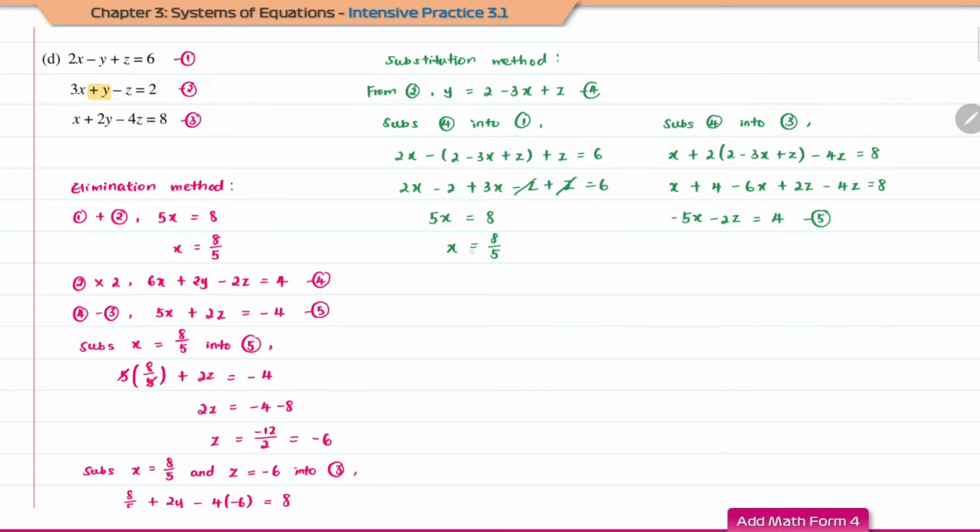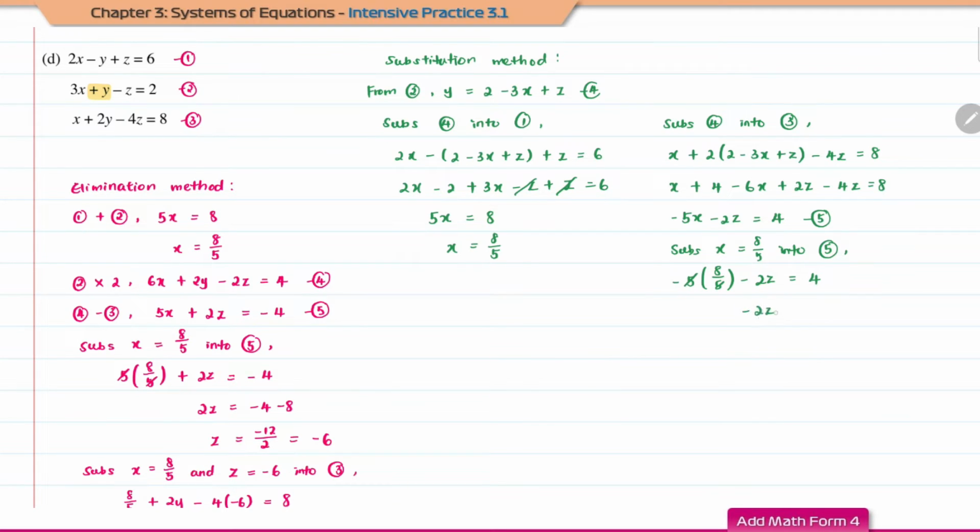All right, as I already find what is the value of x, so next I'm just going to substitute the x equal to 8 over 5 into the equations number 5. So here we can simplify this.